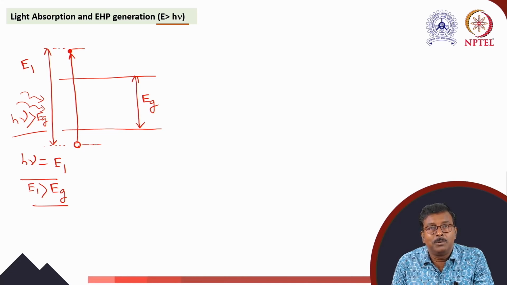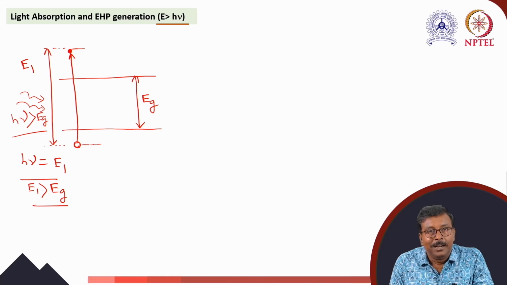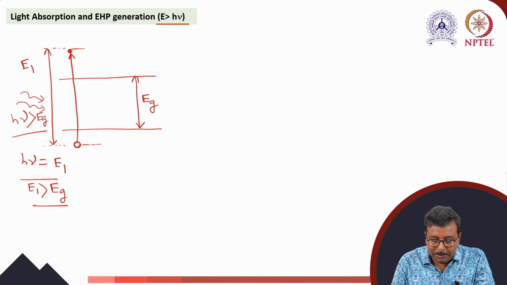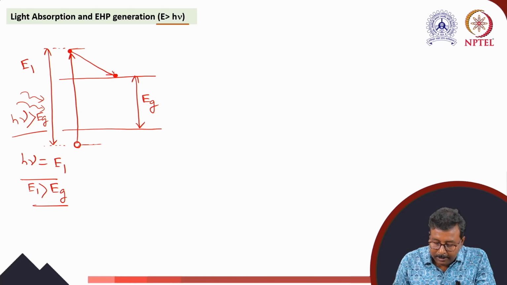So if individual atoms vibrate, the lattice as a whole vibrates. The combination of all vibrations of atoms creates a lattice vibration, and this lattice vibration will be more if the energy of this high energy electron is transferred to the atoms, and after releasing this extra energy, it comes down to the minimum of the conduction band.